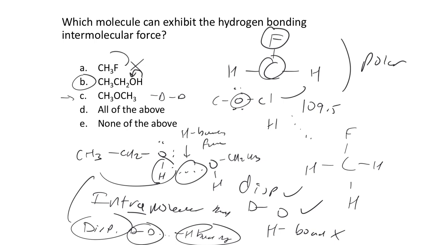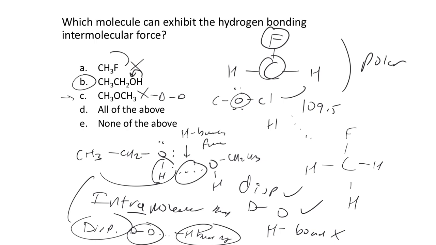So I don't have H bonding forces of attraction in C. So if I'm rank ordering the molecules, I guess I can't rank order these because I have two that are polar, and I don't know how to rank the difference between the two that are polar. But I would probably be predicting here that B has a higher boiling point than A, and B has a higher boiling point than C just by virtue of being comparable molecular weight, and then also having that H bonding force of attraction on top of the dipole-dipole and dispersion forces.